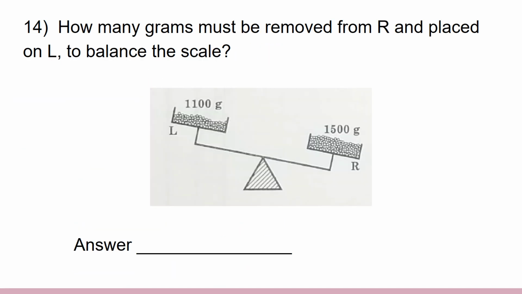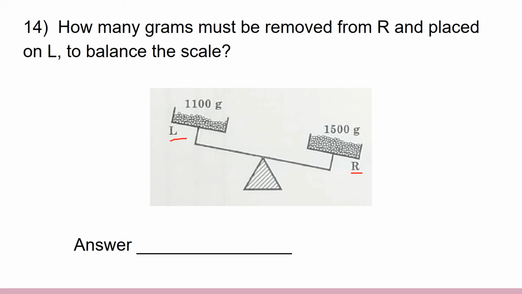Question number 14. How many grams must be removed from R, this is R, and placed on L to balance the scale? We did a question like this in the 2019 past paper as well.